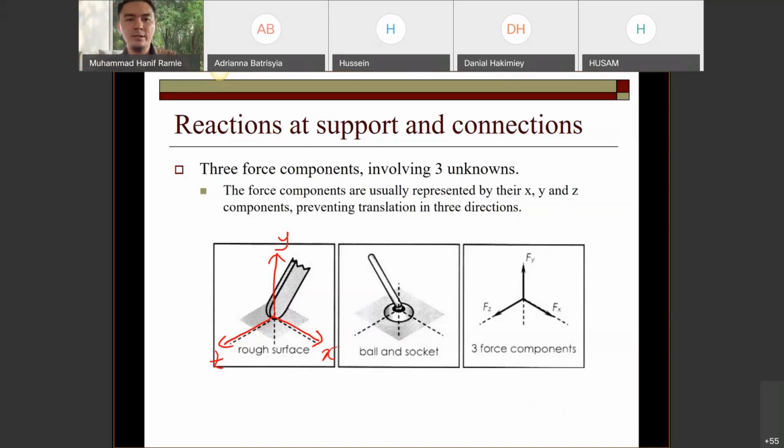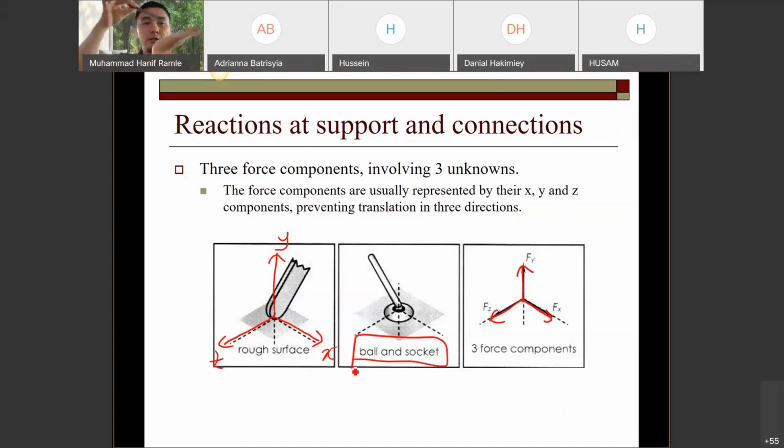The thing that cannot move, meaning that we do have reaction. So the reaction is only on the forces, not moment. Okay, so this is the reaction for this system. Same goes to ball and socket.